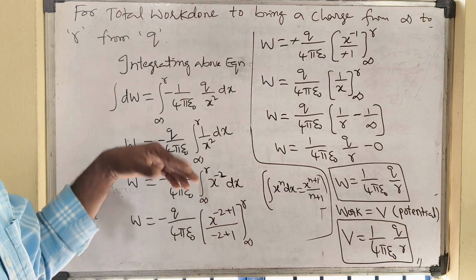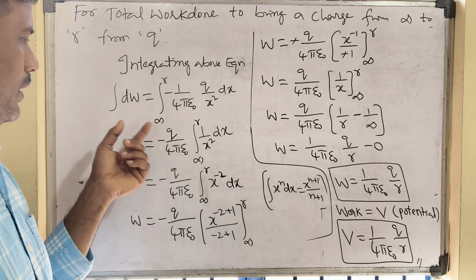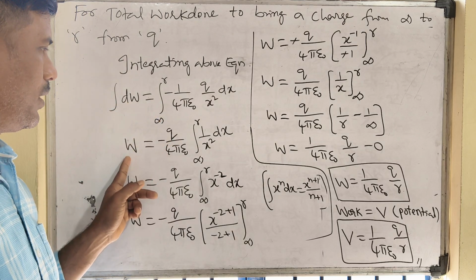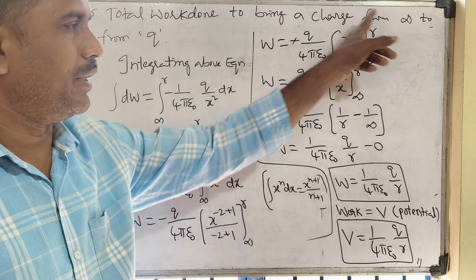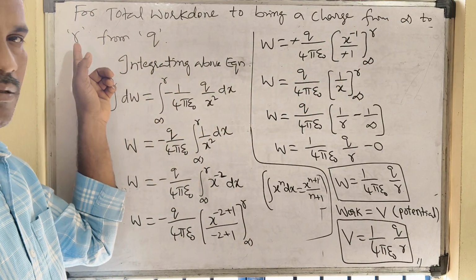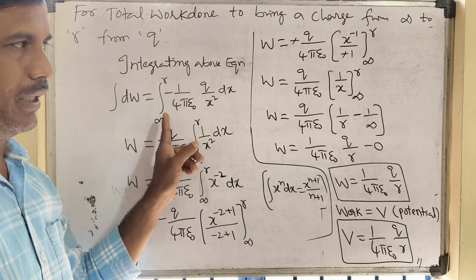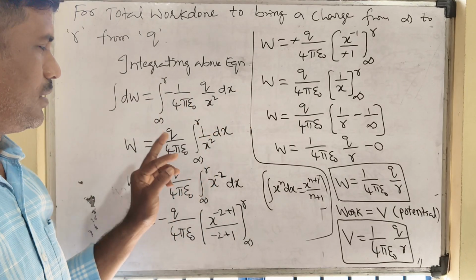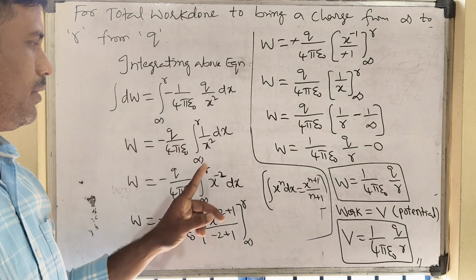For the total work done, we integrate the above equation, from infinity to distance r. According to the diagram, from infinity to point P, the distance from the charge is r.